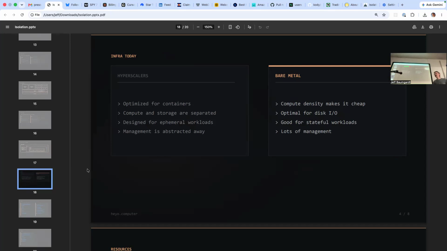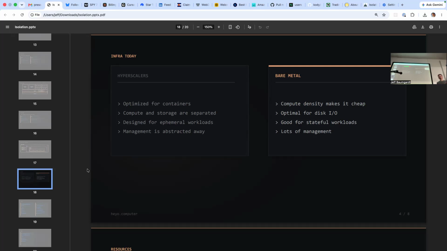Okay. So a couple additional things that are related to the isolation thing, but pretty specifically with how infrastructure works today. The big hyperscalers are highly optimized for container workloads. One aspect of that is a container workload is expected to be very ephemeral and stateless.